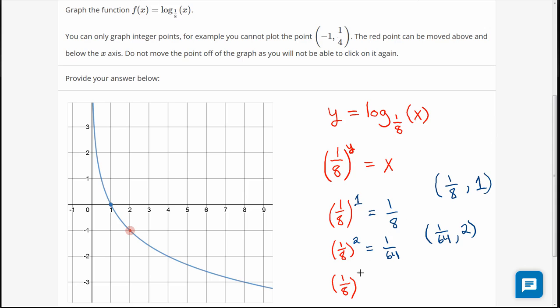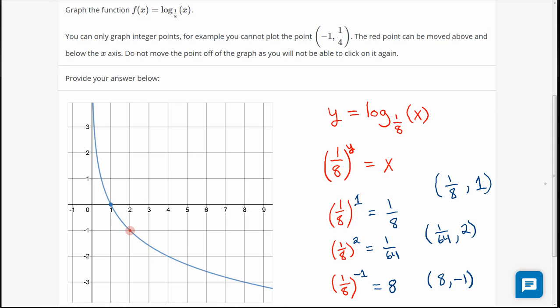So let's try making the exponent -1. Because, aha, if you have a fraction and you raise it to the -1 power, then you just get the reciprocal. And so that means our point is going to be 8, -1.